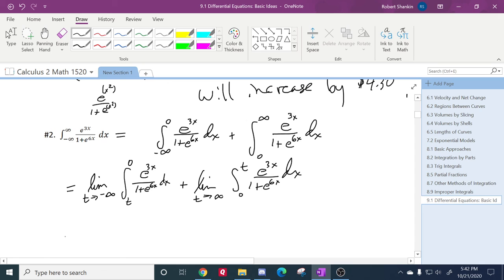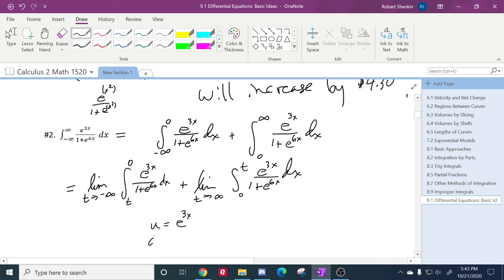And then now we're going to need the u substitution. It'll be the same u substitution for both. So I'll let u, it seems natural to let the u be either e to the 6x or e to the 3x. But if I do e to the 3x, the e to the 3x will be the du, and I need that to be the du. So this really needs to be 3x.